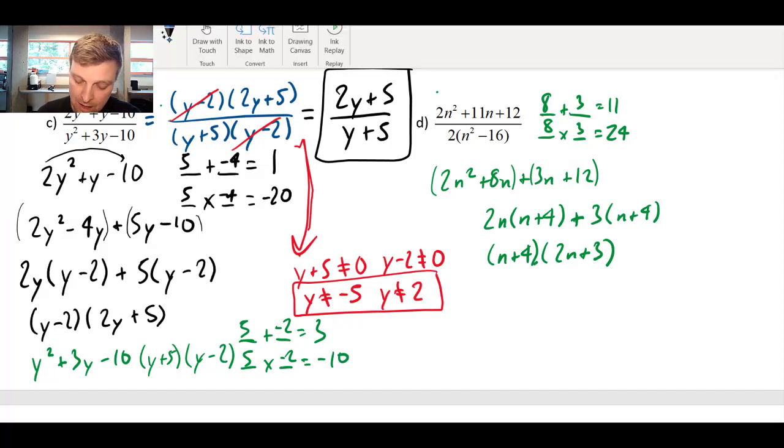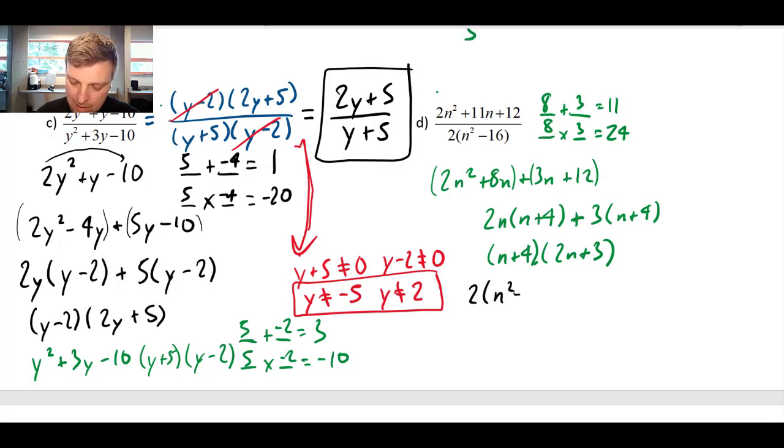In terms of the denominator here, my 2 times n squared minus 16, that doesn't look like it's going to factor until I remember that this is a difference of squares. So something squared minus something else squared factors into n minus the square root of c times n plus the square root of c.